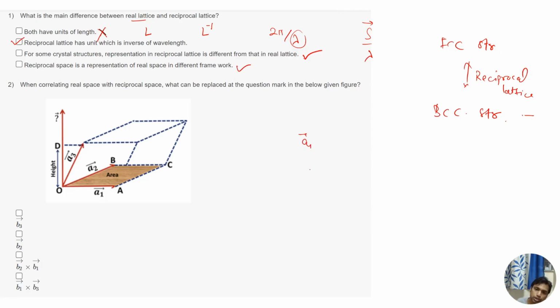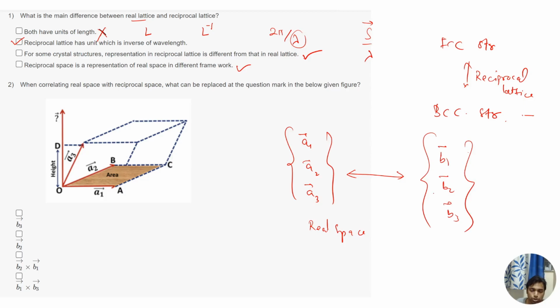If we know a1, a2 and a3, this represents our real space, and we can easily get b1, b2 and b3. And if we know b1, b2 and b3, we can easily get a1, a2 and a3. So there is basically no difference, it is just a different representation. Okay. Now let us look at the next question.